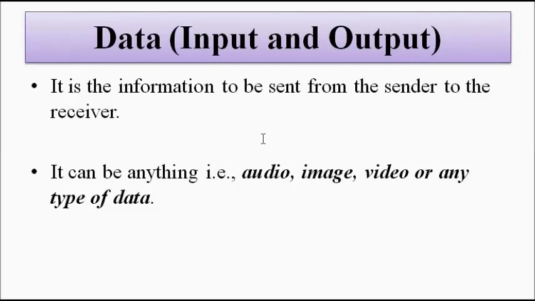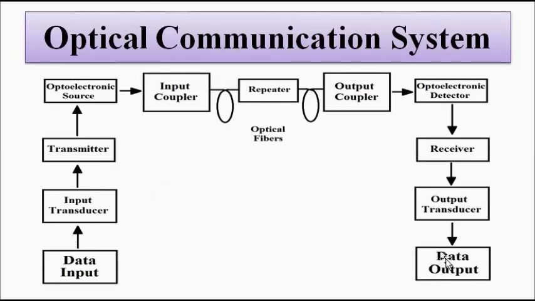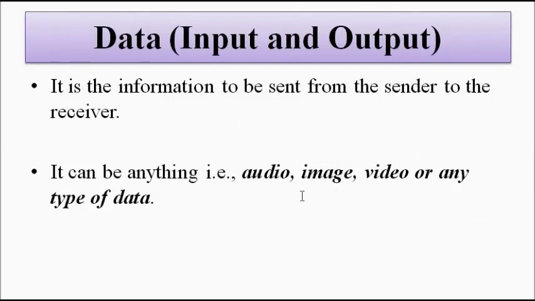That is the data which is transmitted from the input side and is the final product at the output side. The data input and the data output. Audio, video, image, or any file, any type of data that you can imagine, falls in this category.